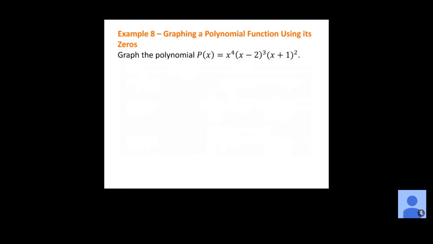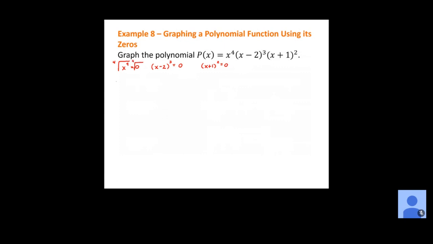So the first thing I'm going to do is set each one of those factors equal to 0, to find the zeros of this polynomial. So x to the 4th equals 0, x minus 2 cubed equals 0, and x plus 1 squared equals 0. For the first one, to get x by itself, I would just take the 4th root.